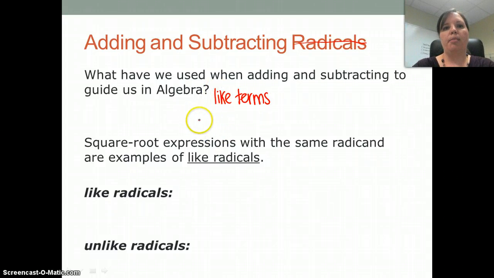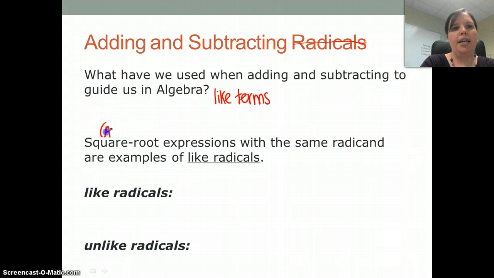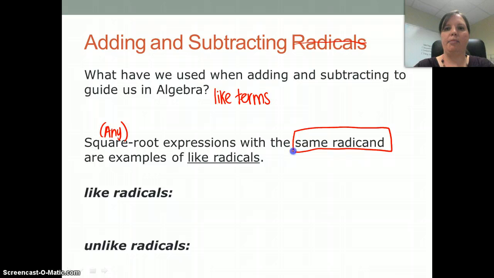So whether we're talking about x squareds or x's and y's, we're always talking about like terms. So in square root expressions, or really any root expressions, you're looking for like terms, which would be like radicals. What makes it a like radical is the exact same radicand.